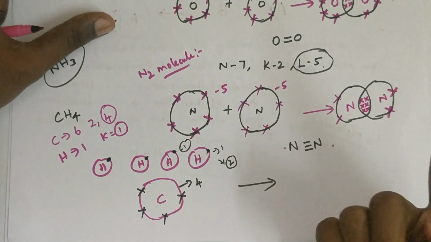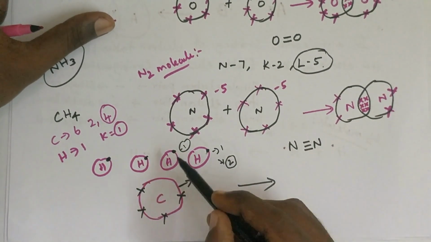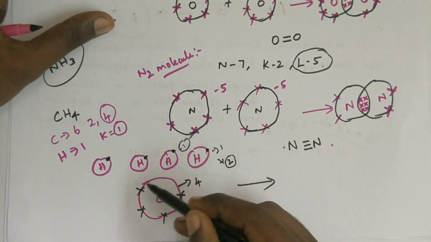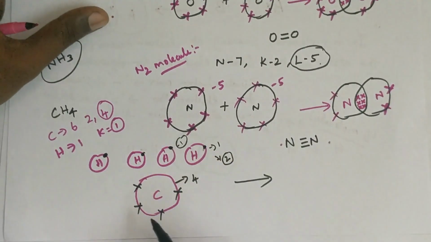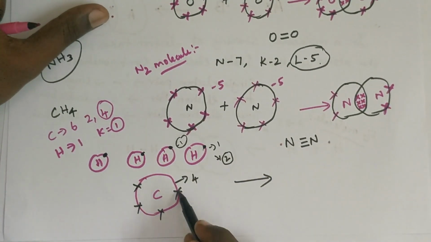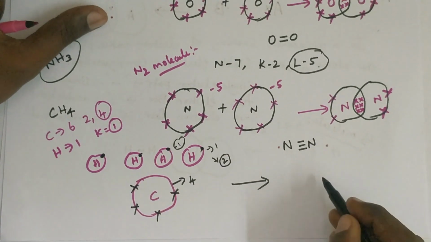This carbon needs 4 electrons. So these 4 hydrogen share with the 4 valence electrons present in the carbon.